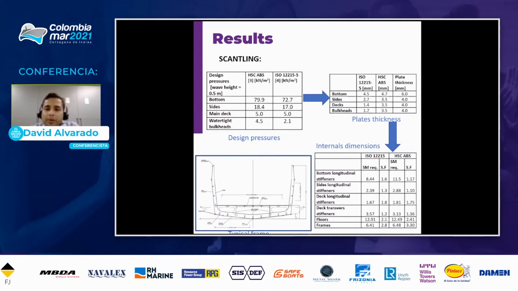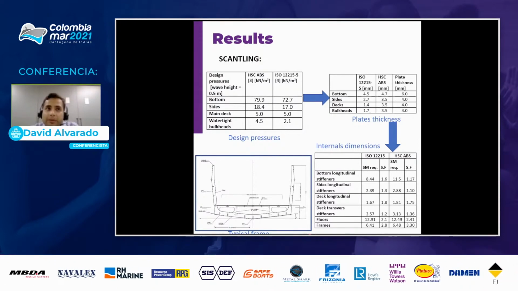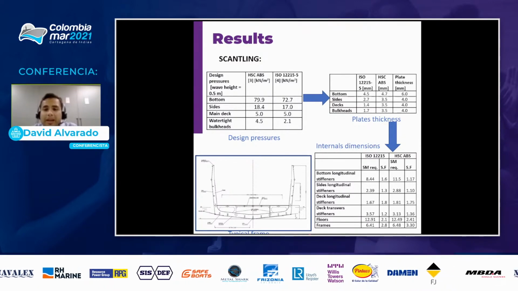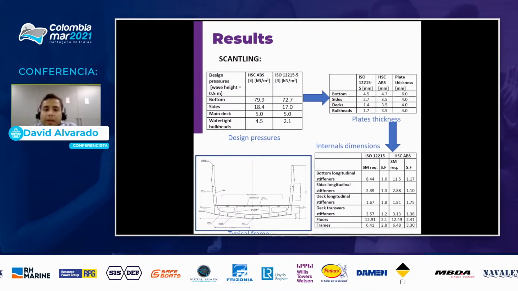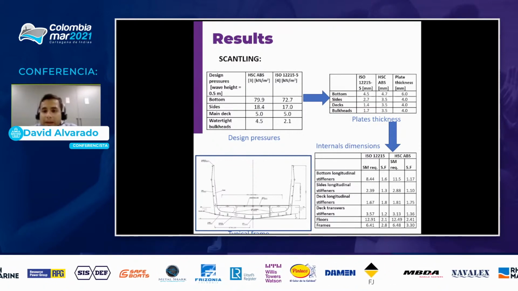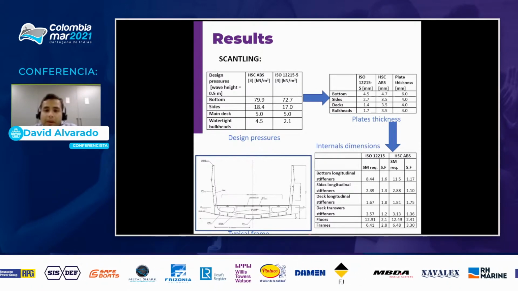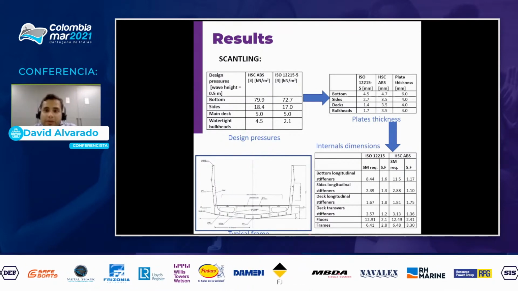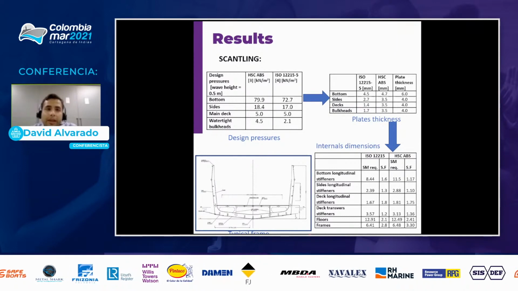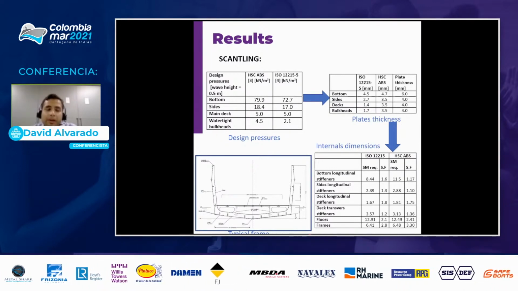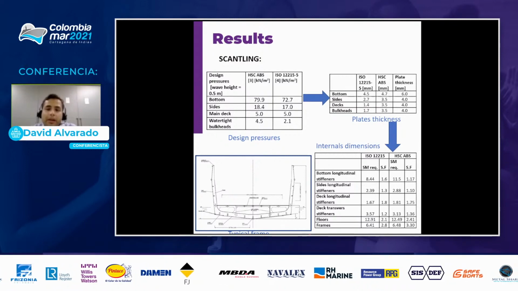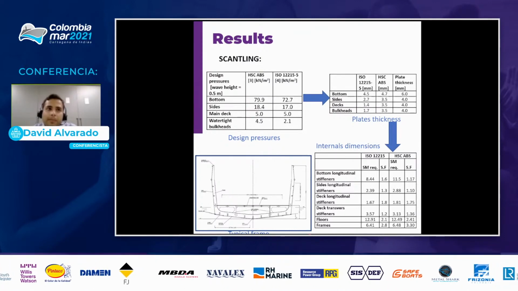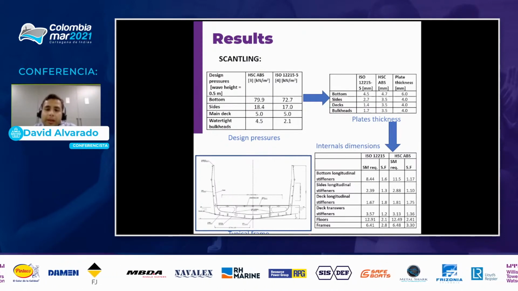That's why, according to the methodology developed, we find that the plate thickness is more conservative according to the ABS standard. Now, when we compare the difference between pressure and the difference between plates, we can see some differences in pressure and required thicknesses. The ISO standard gives more importance to the required pressure, while the ABS standard gives more weight to the separation between profiles and between transversal elements.